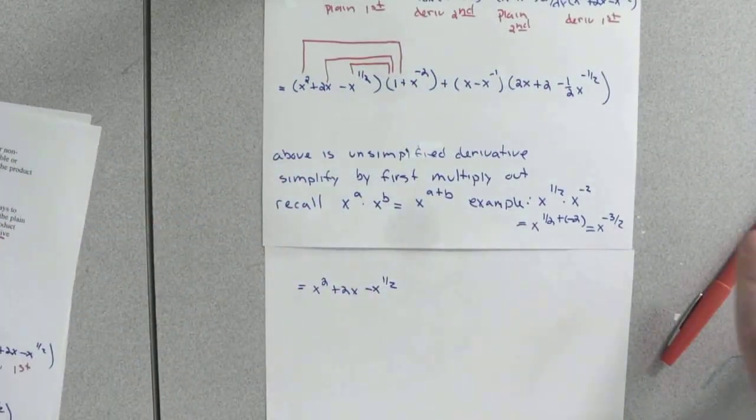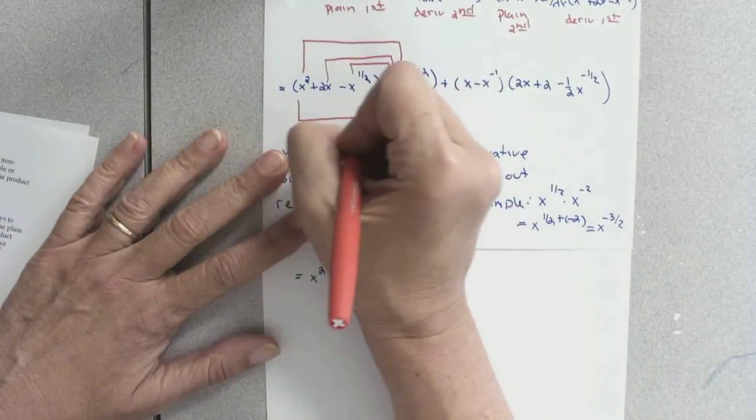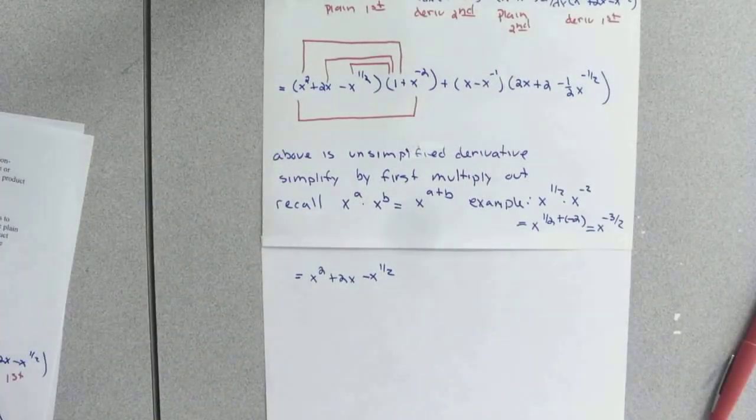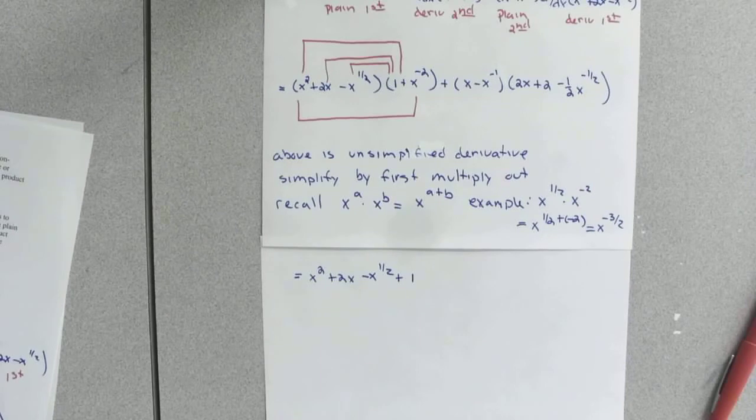Be careful with that minus sign there. And then same thing on the next one. x squared times x to the negative 2 will be 1. Add the exponents. Negative 2 plus 2, or 2 plus negative 2, is 0. x to the 0 is 1.